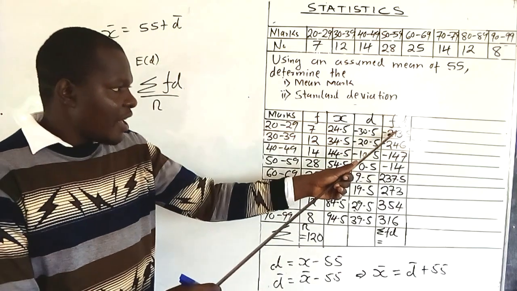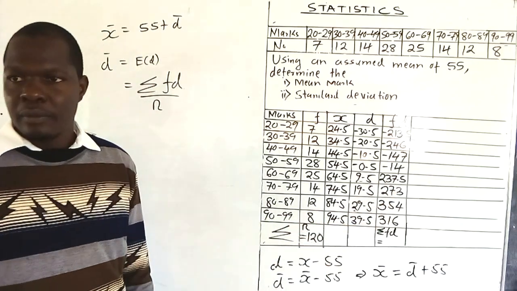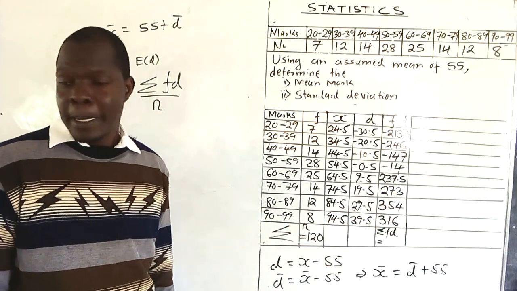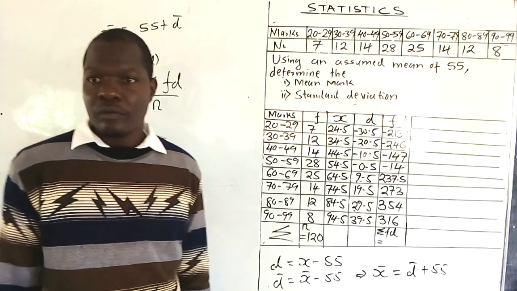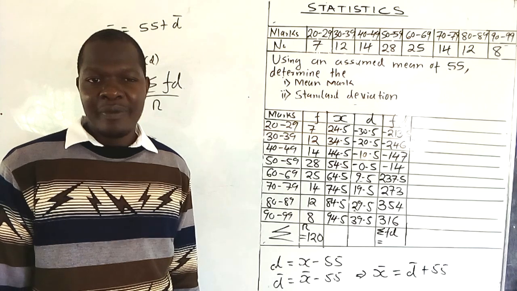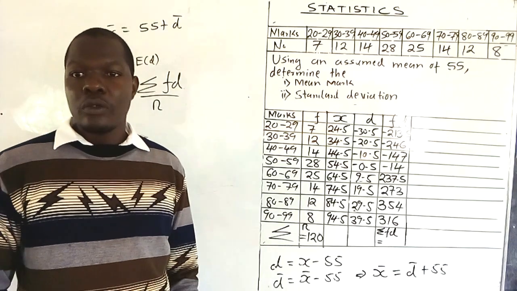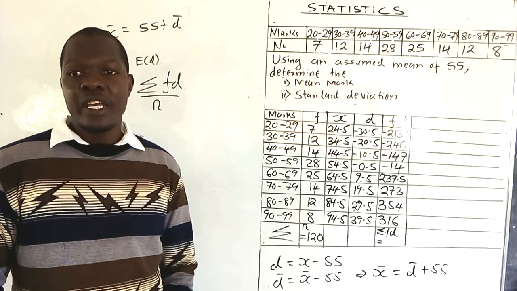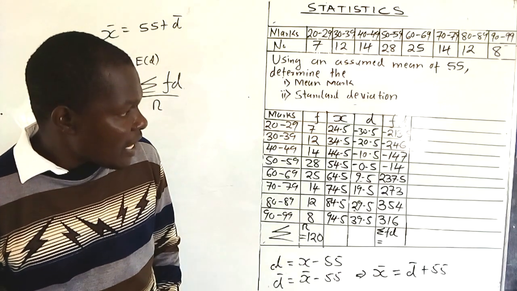Add them. If you add up all the fd's, what do you get? 323. There we have 323. Anybody with a different value?